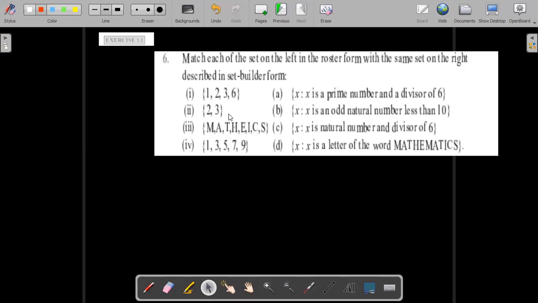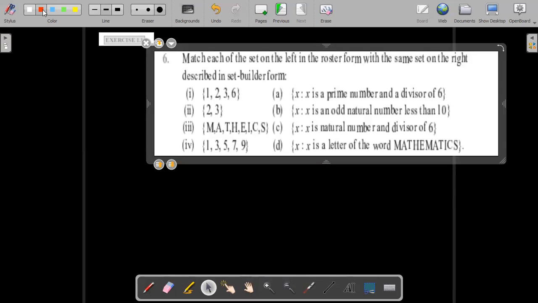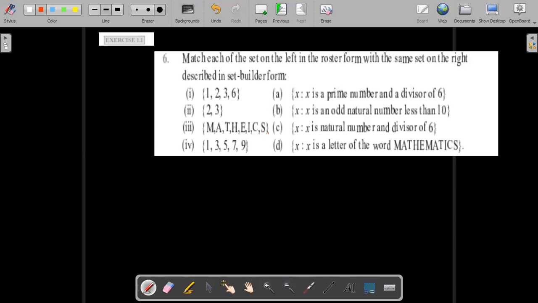Then x is a prime number and a divisor of 6. So that is 2, 3. The mathematics we can match directly. So prime numbers are 2 and 3, which are dividing 6. Okay.